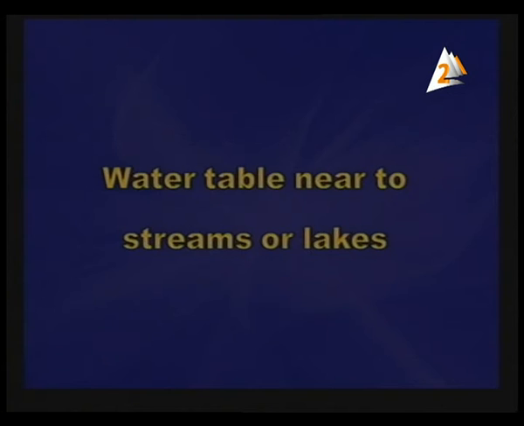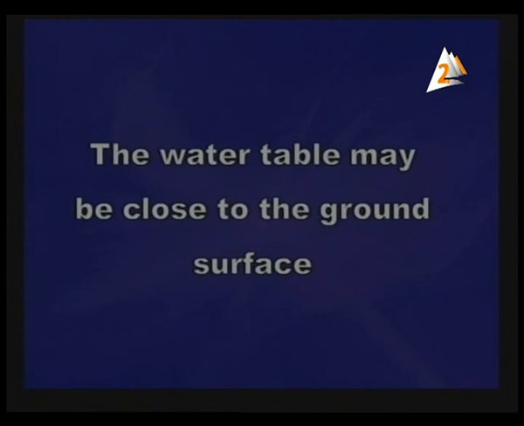Water table near to the stream or lakes. We expect water tables near streams or lakes to be close to the ground surface because much of the water percolated to the underground, and this will raise the water table.